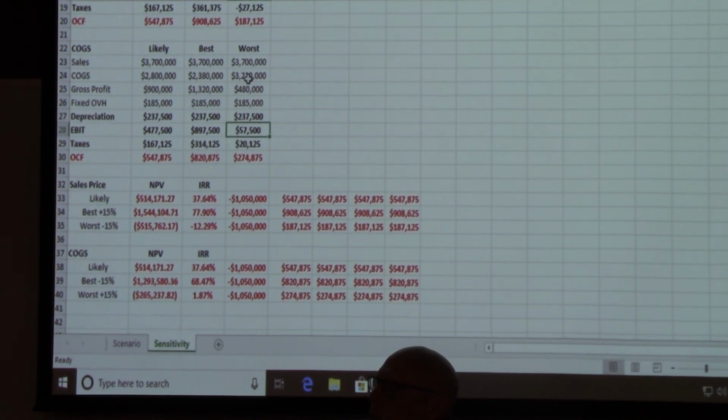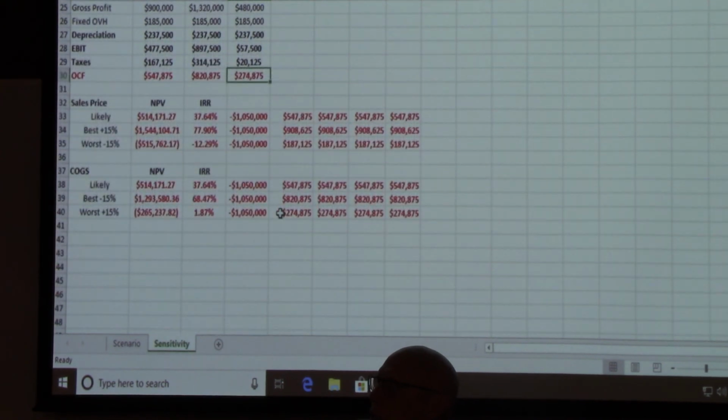EBIT is gross profit less fixed overhead, less depreciation. Okay? There's our taxes on this lower EBIT. And our operating cash flow is our EBIT plus our depreciation minus our taxes. Okay? And so outflow is the same. We're going to grab this operating cash flow here, input these numbers. Here's our net present value.